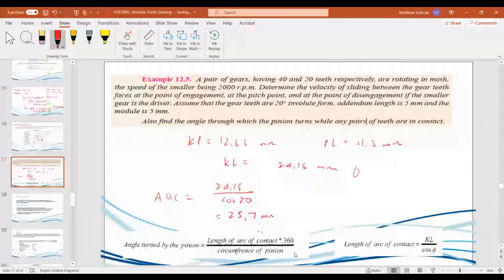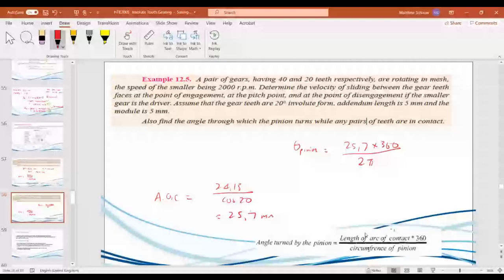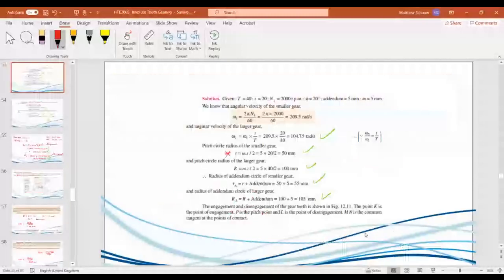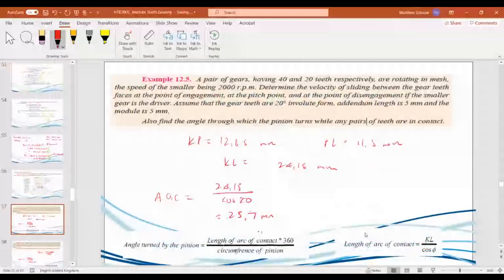All we have to do now is say theta pinion. Obviously we know what this is. It's 25.7 times 360 divided by 2 pi times the pitch circle radius, and obviously that was worked out over here, 50 millimeters.